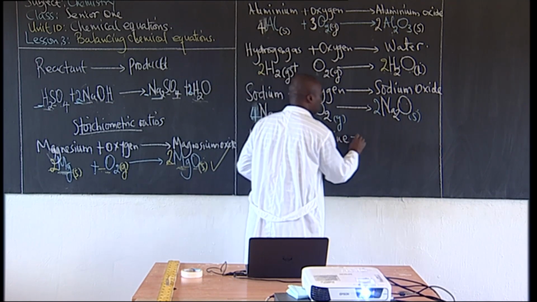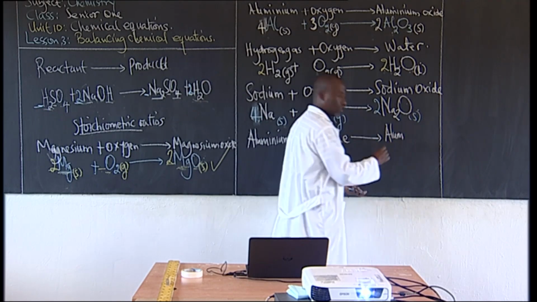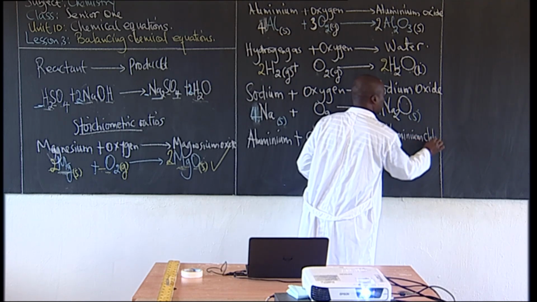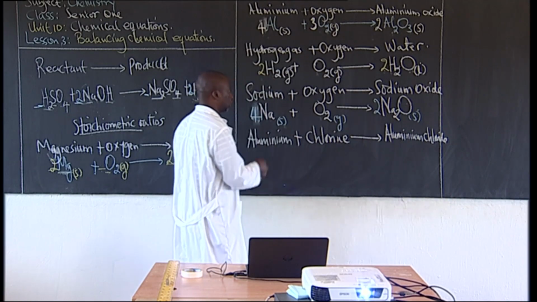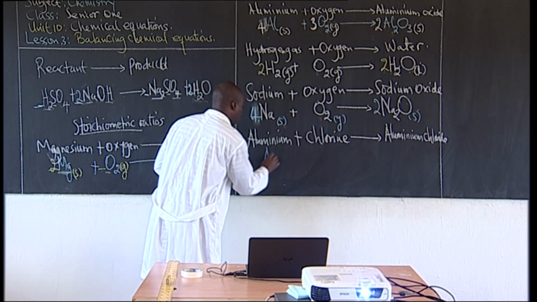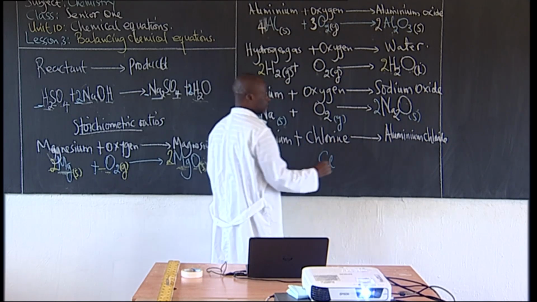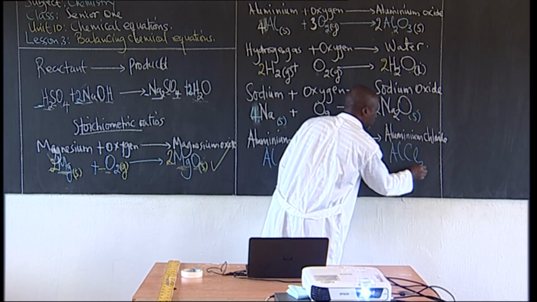This gives aluminium chloride. Aluminium chloride. The symbols that represent all this, we have aluminium, we have chlorine, and we have aluminium chloride with 3.